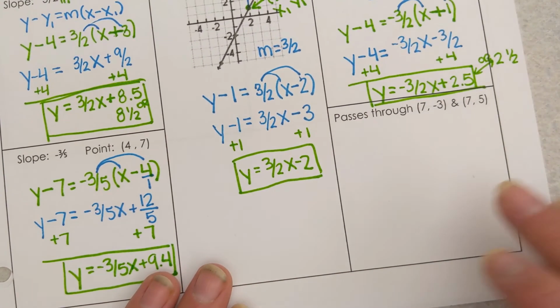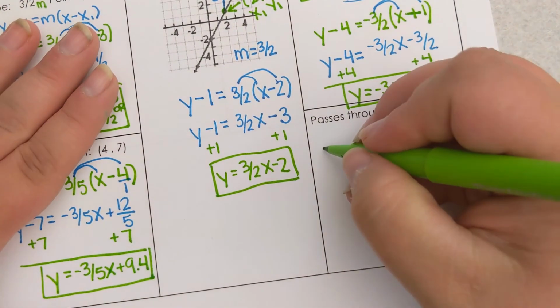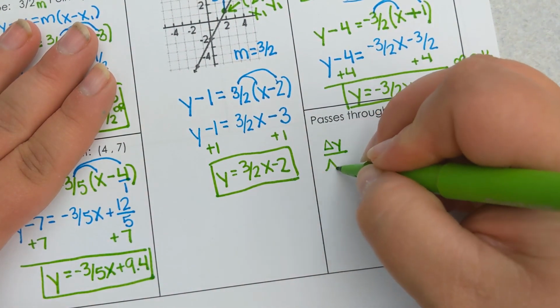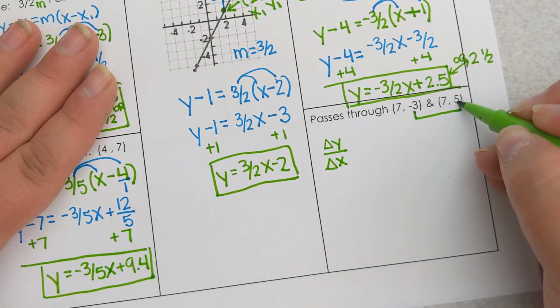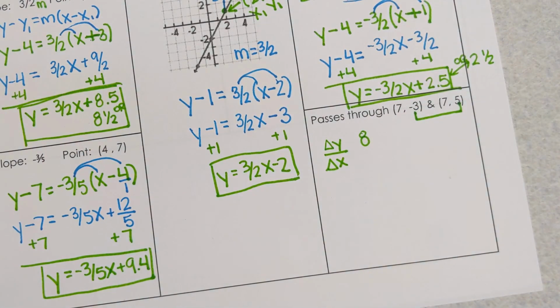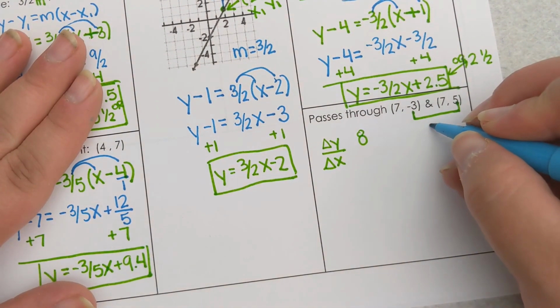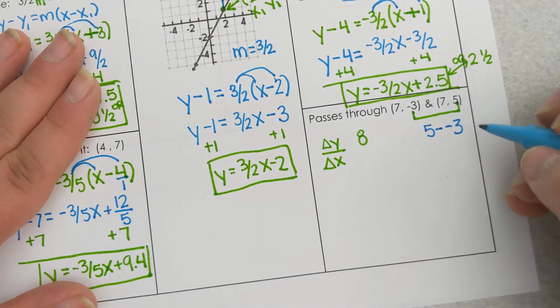Coming over here, it passes through these 2 points. Change in y over change in x. Negative 3 to 5. That's going up 8. Because we're switching from a negative to a positive, some people get confused. So all you have to do is 5 minus negative 3.